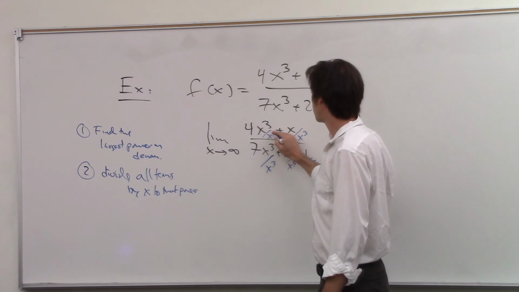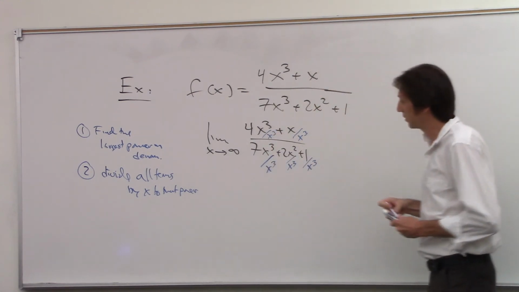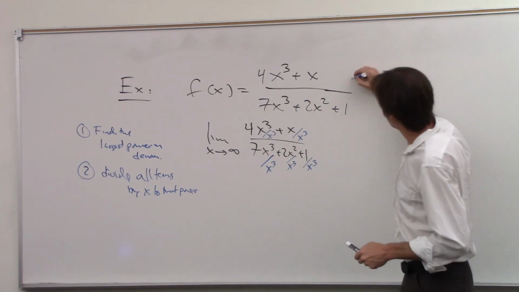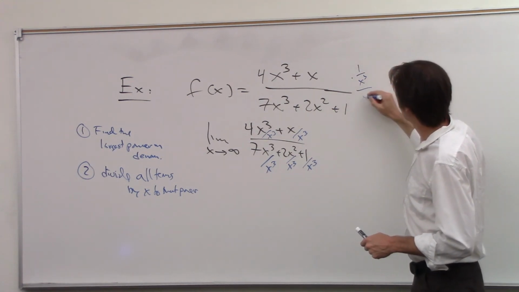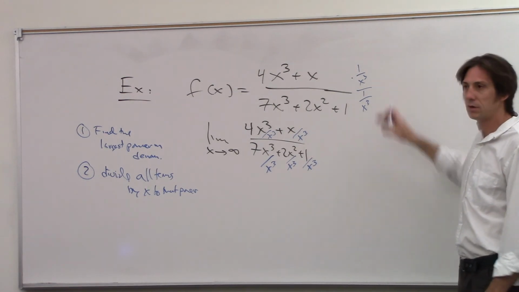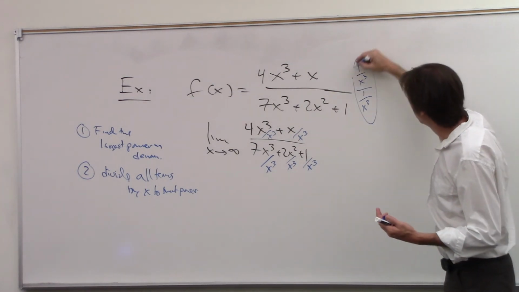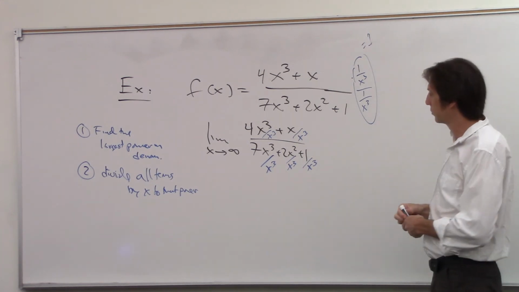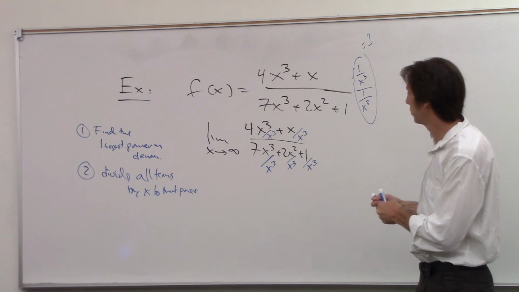What this amounts to is multiplying the top and the bottom by 1 over x cubed. If I multiply a fraction by a number divided by itself, I'm only multiplying by 1, and multiplying by 1 doesn't change the value of the expression. So I'm allowed to do this division.